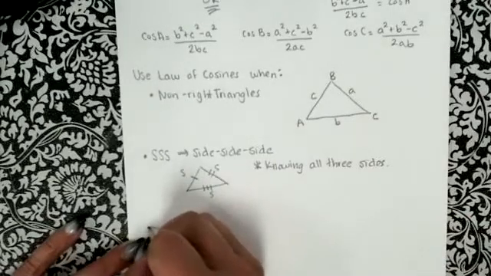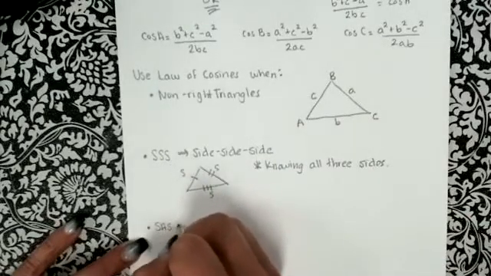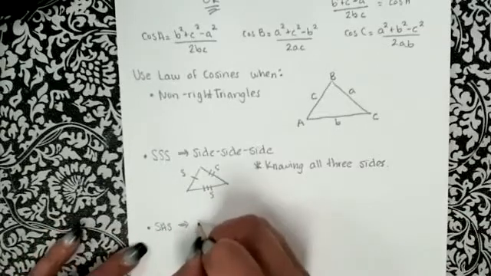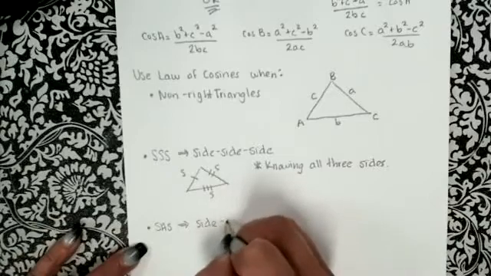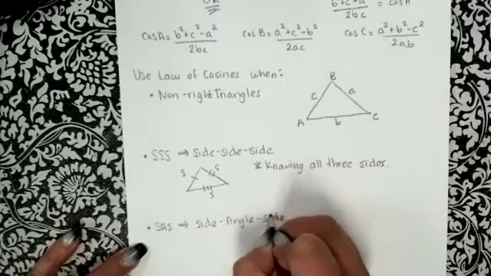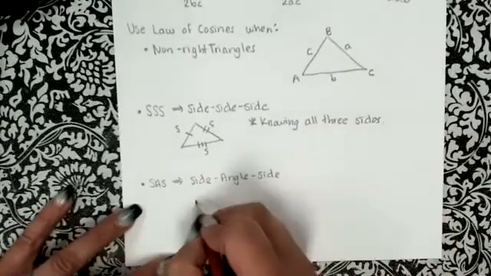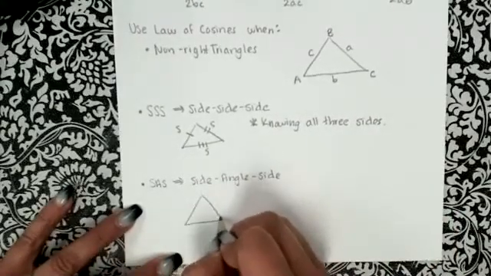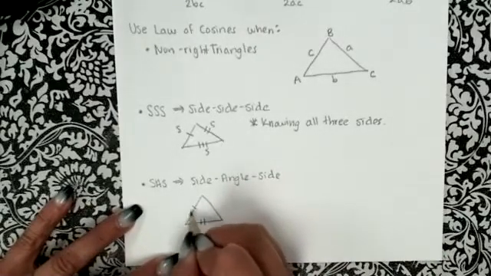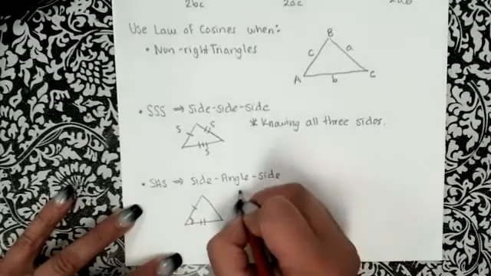And the next one is side angle side. Now the angle has to be included between the two sides. Side, angle, side. So in the triangle, if I know this side and this side, it has to be the included angle that's holding those two sides.